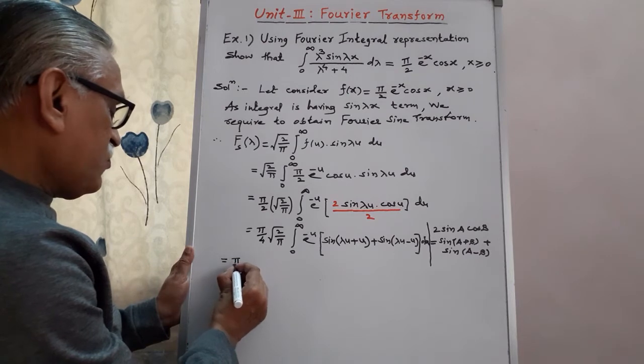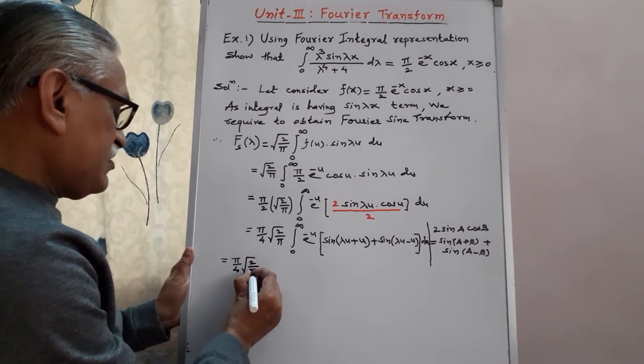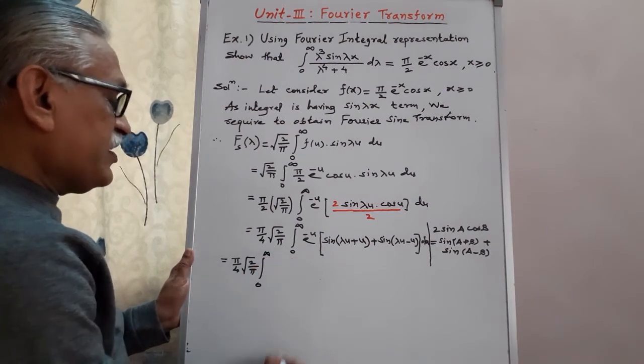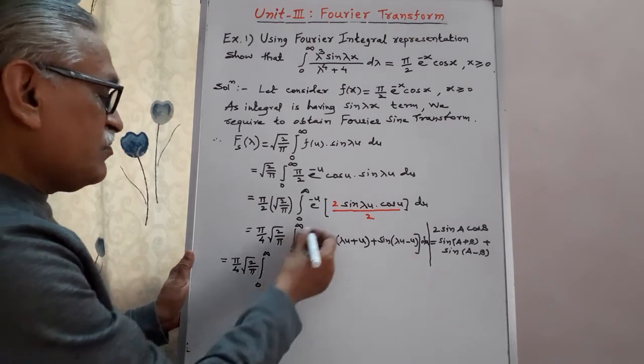Therefore it is equal to pi by 4 into root 2 by pi as it is, integration from 0 to infinity. We split this in two parts.